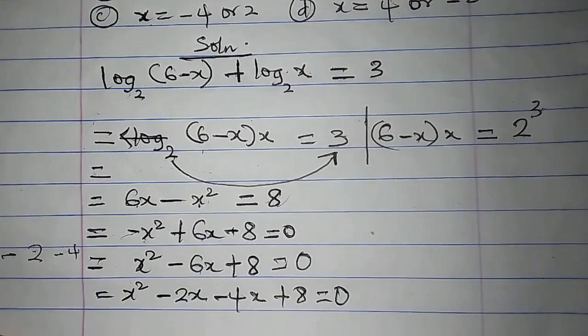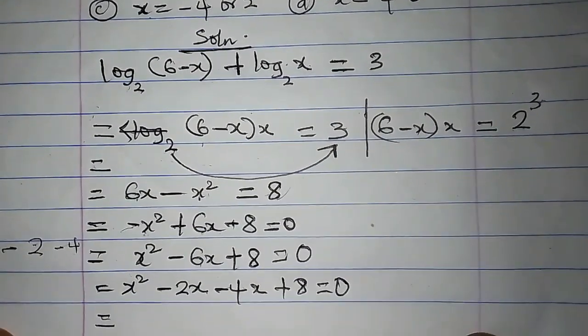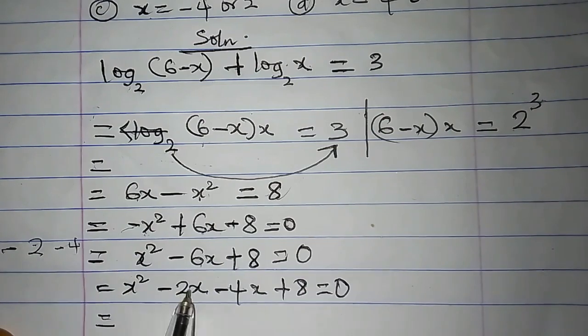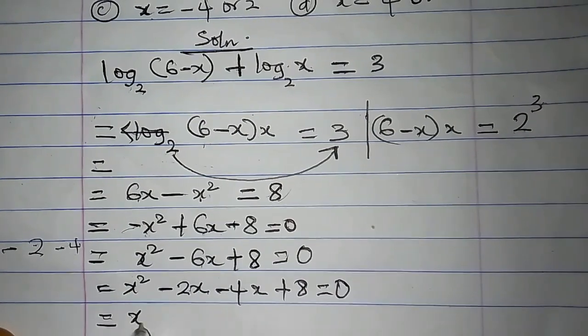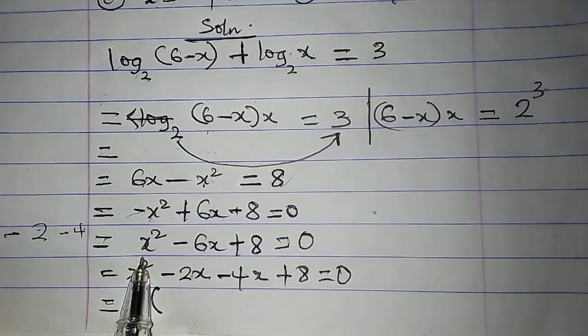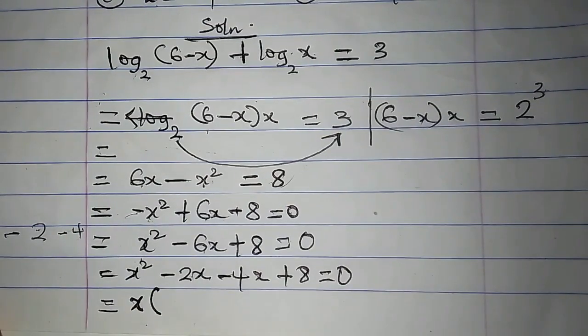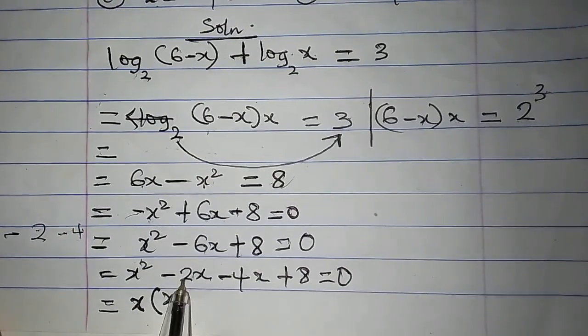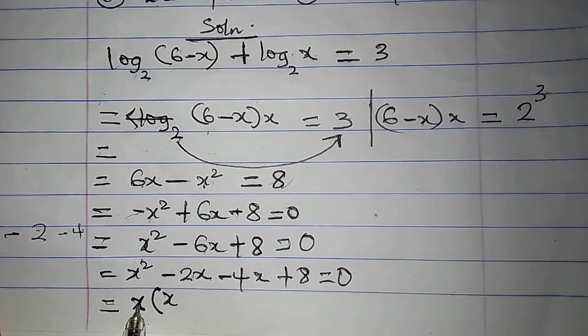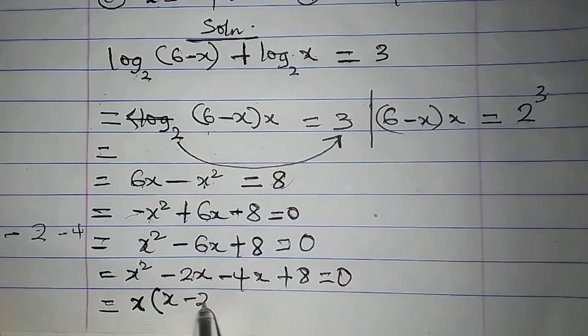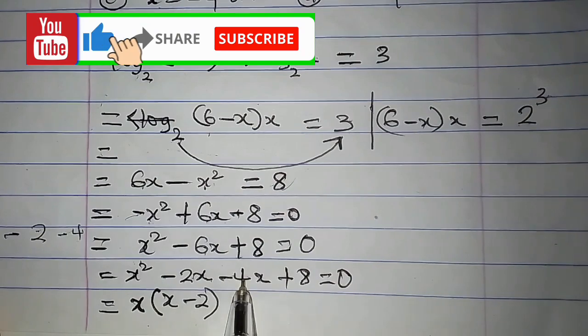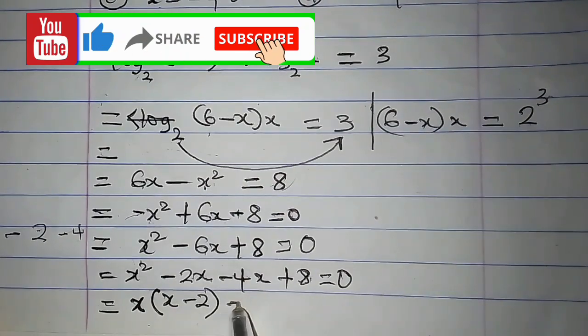So, factorizing by grouping, we have this. x is common to these first two. Bring x out. x squared divided by x is x. Minus 2x divided by x is minus 2. Close the bracket. What's common to this next two is minus 4.